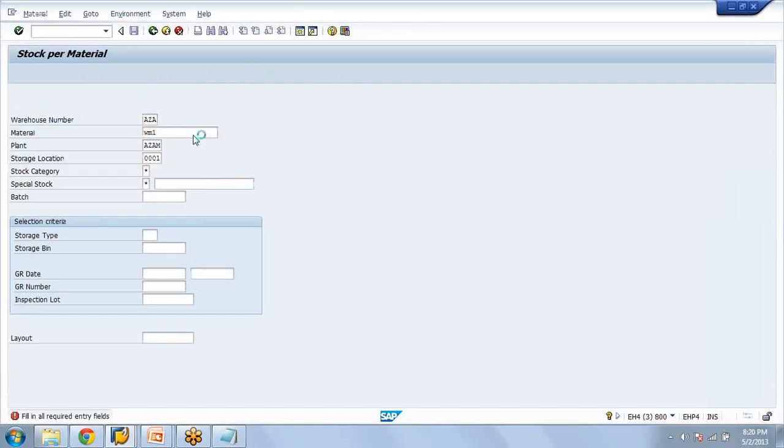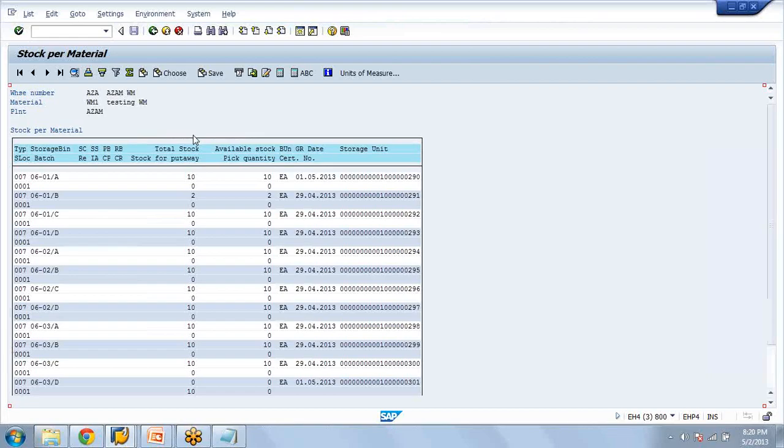Tell me. So in this case, FIFO does not come into the picture, right? See, FIFO you can only use if it will overwrite. The system will always consider the GR date when it picks the material.